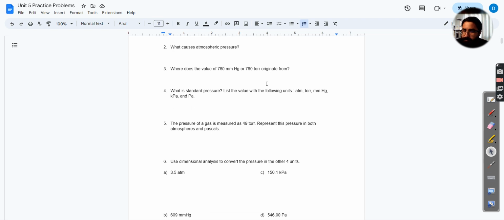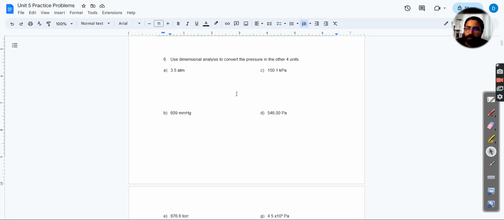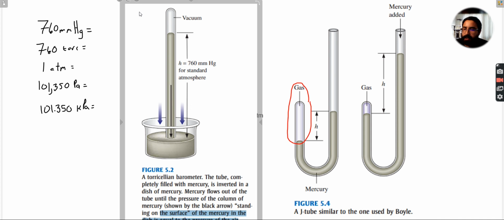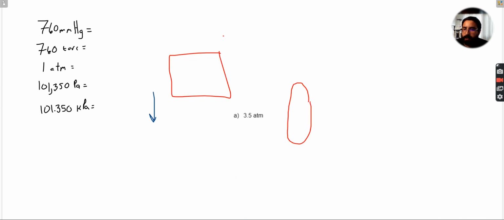Let's see. Oh, it seems like you guys have to write some stuff down. These problems, converting from units to units, right? That's not bad. That's easy peasy. Did I already have that thing written out? Yes, we did. Let's delete some of these.